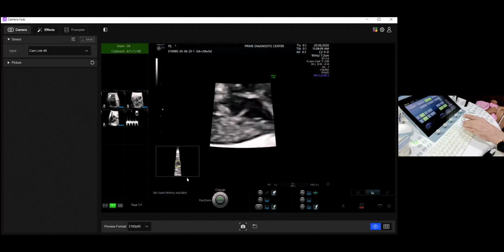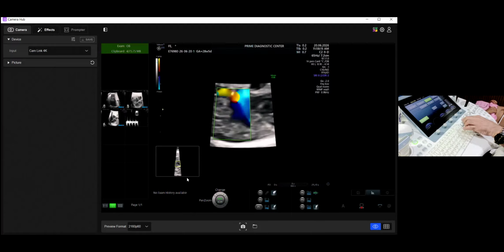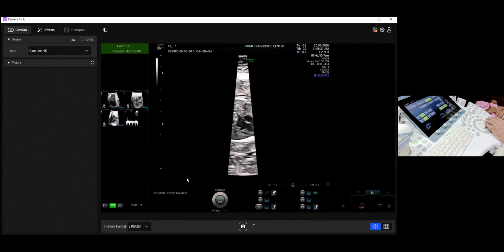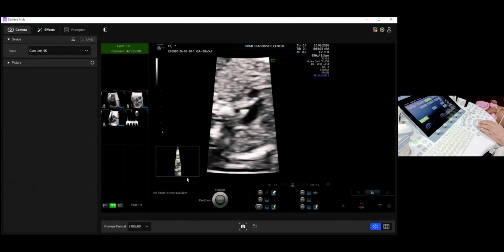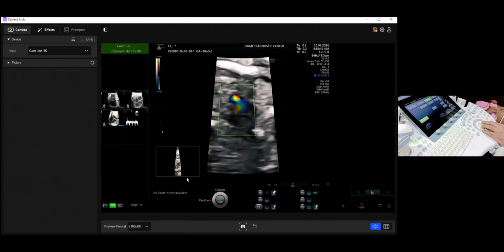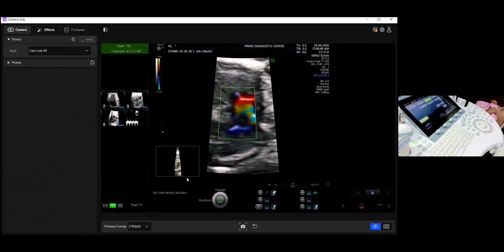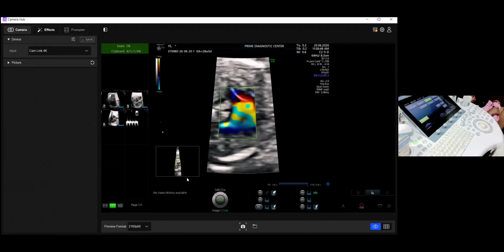Okay, so that's again the left atrial appendage, and then we go to the three vessel trachea view. So that is the three vessel trachea view, and it's all good. Okay, all good, clean cut.